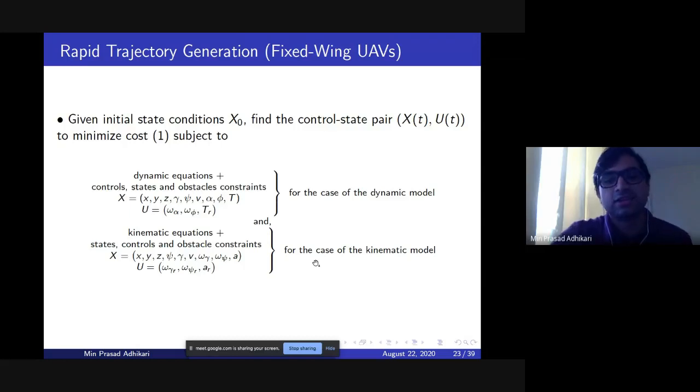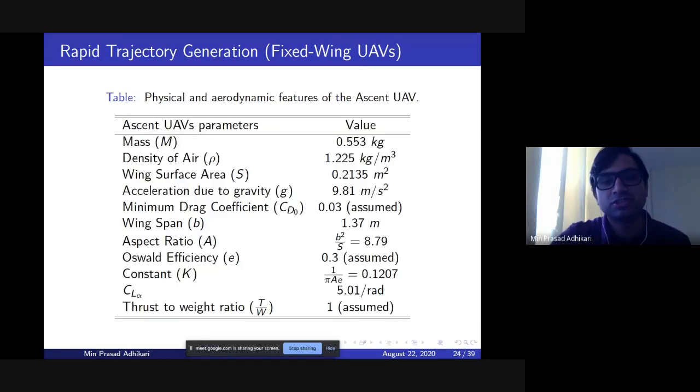So yeah, this is the UAV, the AeSN UAV. This is a really lightweight UAV, only a little over half a kg, and this is the density, sorry, and the wing surface area is 0.2135. A few things to note here is that the minimum drag coefficient and the Oswald efficiency for such UAVs are not really available.